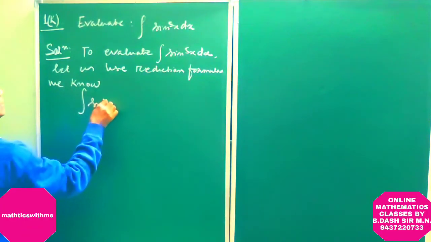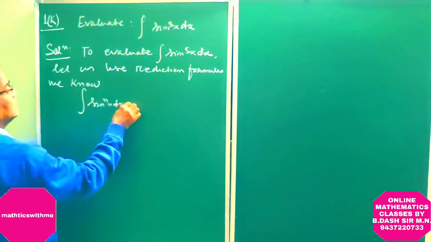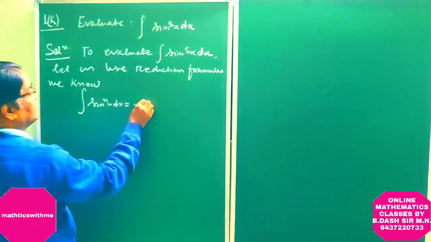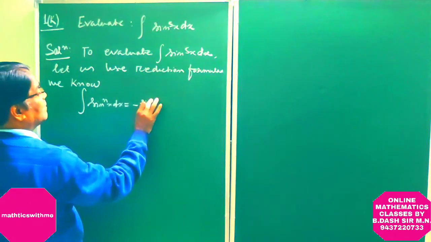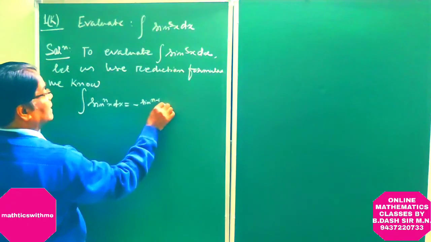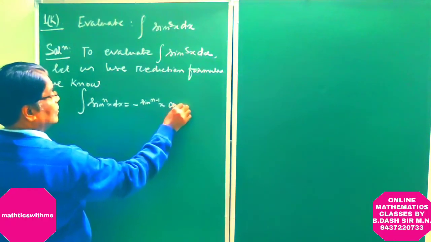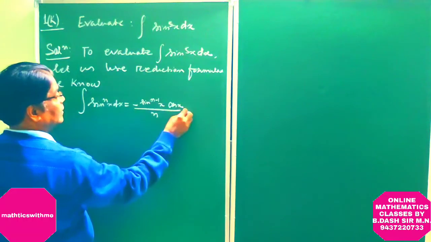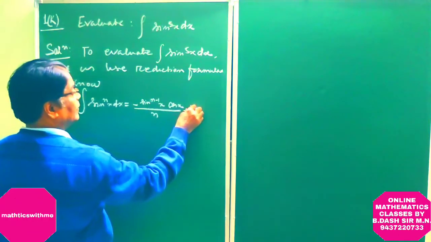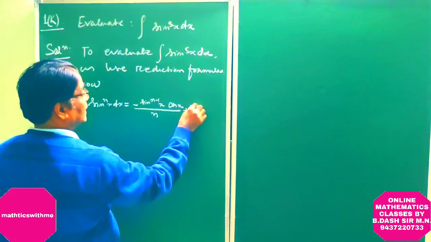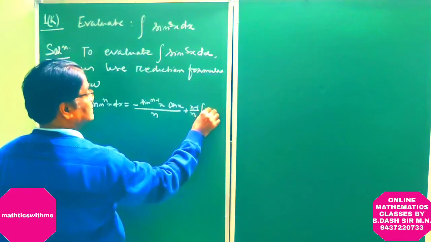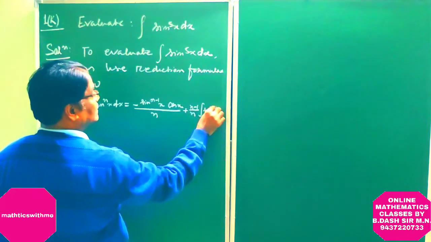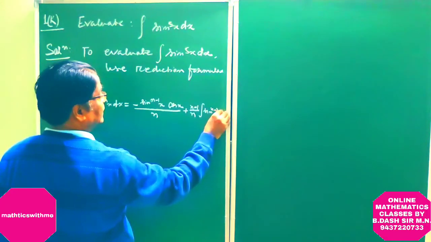integration sine to the power n x dx is equal to minus sine to the power n minus 1 x cos x by n plus n minus 1 by n integration sine to the power n minus 2 x dx.